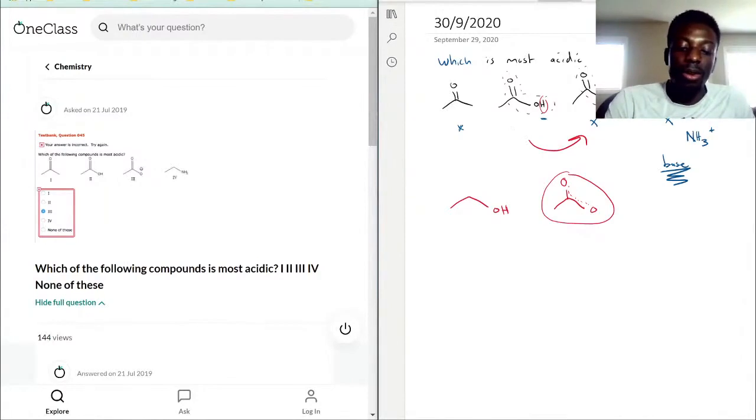Now, a fun note is that if you got comfortable with the nomenclature, you'd notice what to call these. This is a double bond with two functional groups on the left and right, so this right here is a ketone. This, funny enough, is actually called a carboxylic acid. So right off the bat in its name, you know this is most likely the most acidic. This right here is its conjugate base, as we discussed earlier.